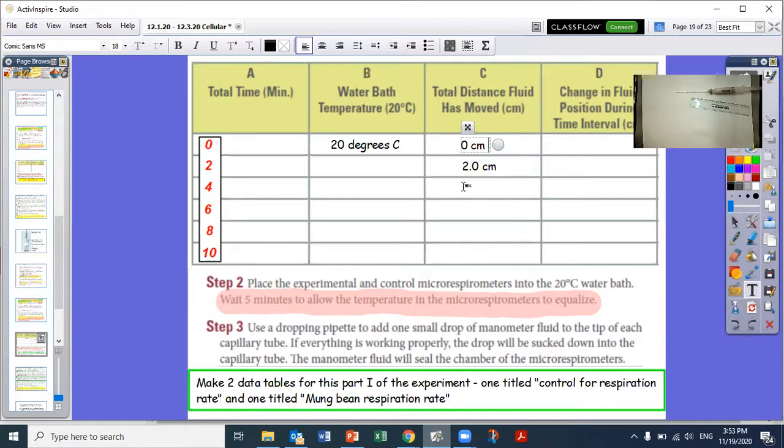Makes sense? And then for the 4-minute time point, we're still measuring it from the 0 time point because it's total distance moved. And that means we have moved about 3.2 centimeters total at this point.